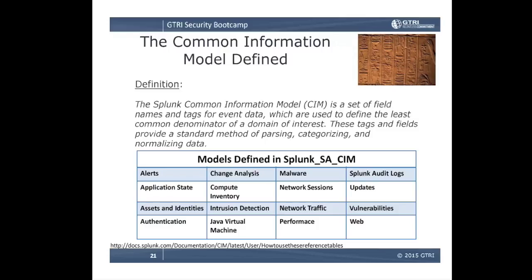When GTRI and Splunk go to do a professional services engagement where we start Splunk net new from scratch, we highly stress the common information model. Every data source that we onboard, we make sure that the fields that are being extracted are common information model compliant. Whether people are using Splunk for security or not, the common information model, once again, gives you that full holistic view into what is going on in your data center.